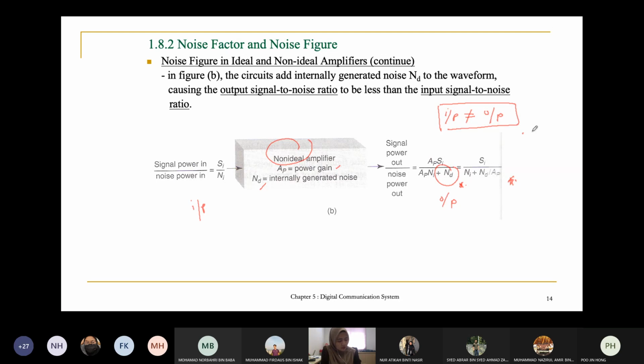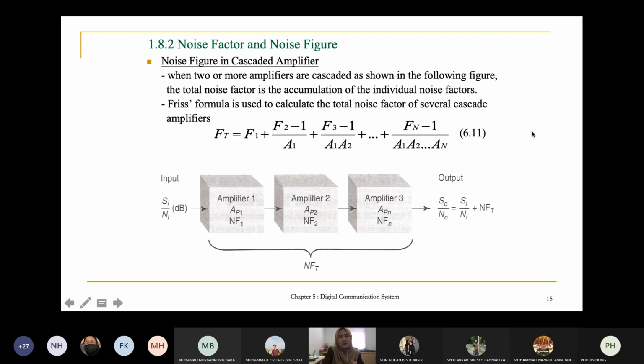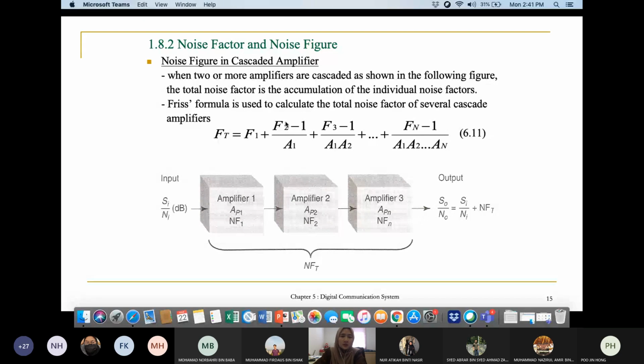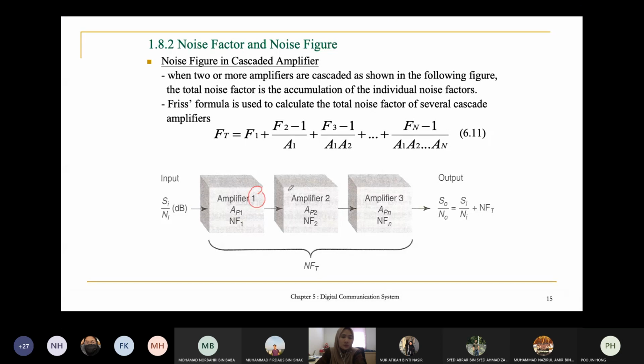Okay, so next let's look at the noise figure, when you have a cascaded amplifier, meaning more than one amplifier. For example, if you have a question like this, you have a cascaded amplifier with three amplifiers: amplifier 1, 2 and also 3.